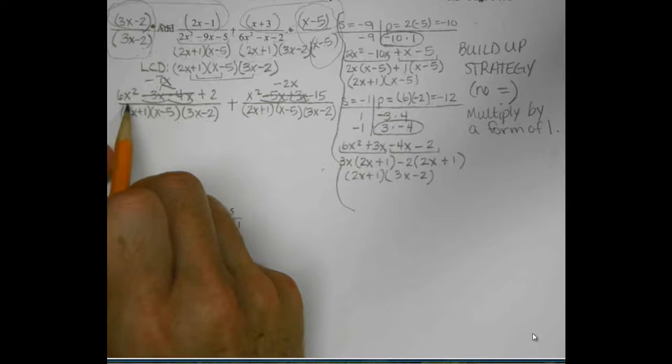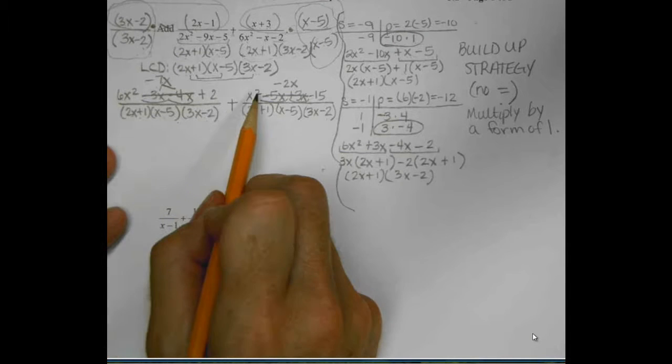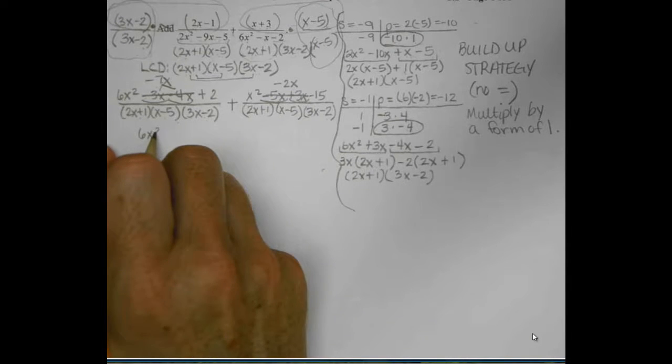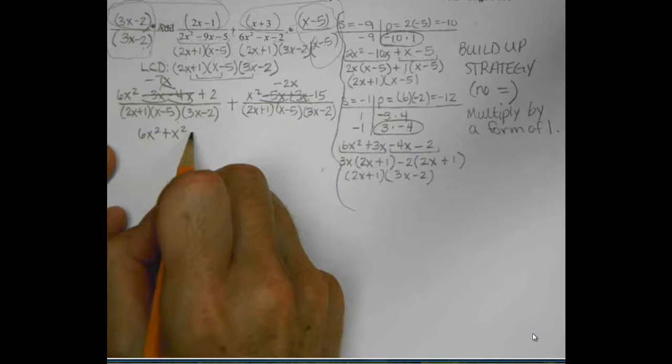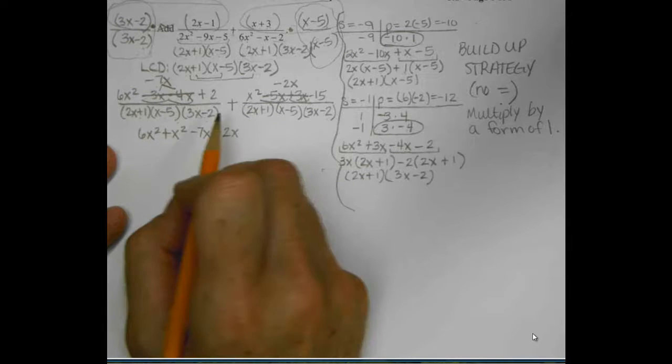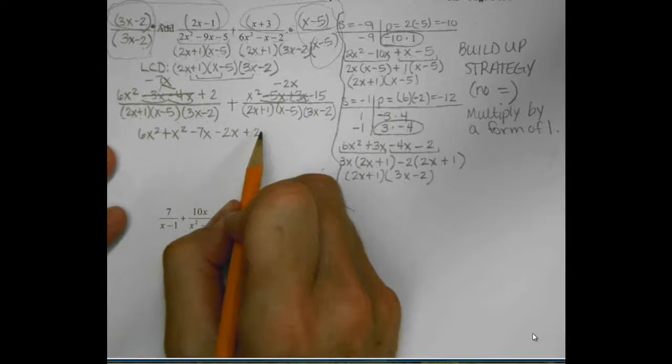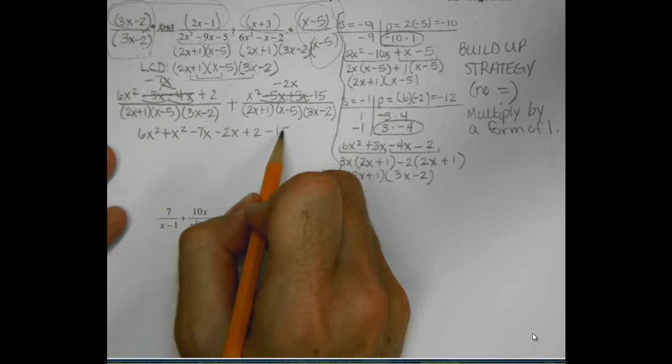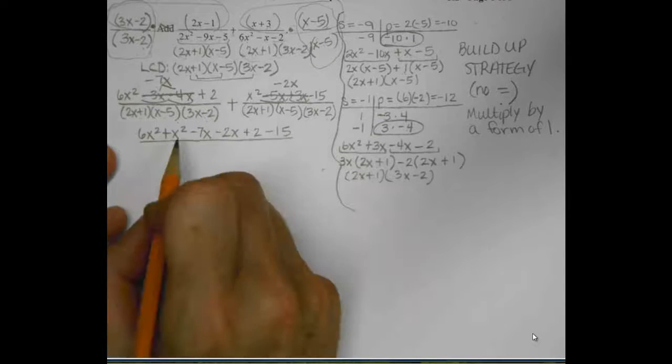Now I want to combine like terms, so I have 6x squared plus x squared. I'll put the like terms near one another. I have minus 7x, and on this one I have a minus 2x, and then I have a plus 2 and a minus 15. All over that common denominator.